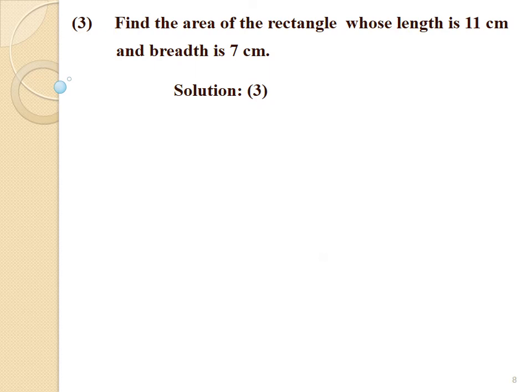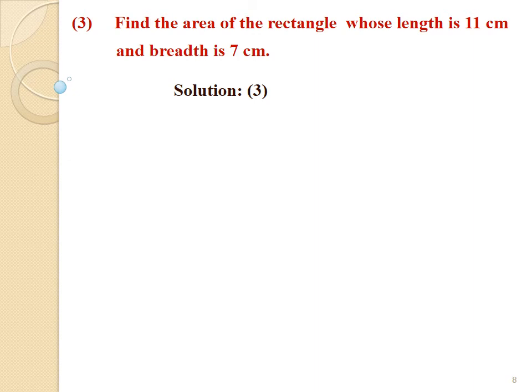Now, sum number 3. Find the area of a rectangle whose length is 11 centimeters and breadth is 7 centimeters. Students, in this sum, we have to find out the area of a rectangle and we have been given length and breadth.